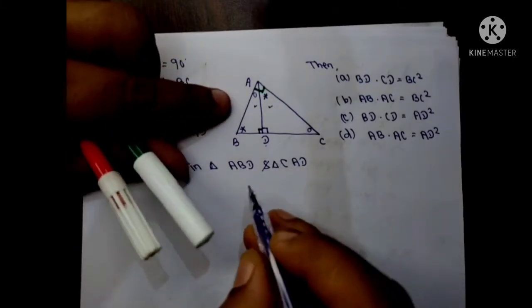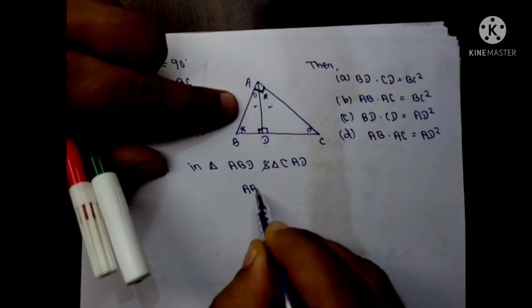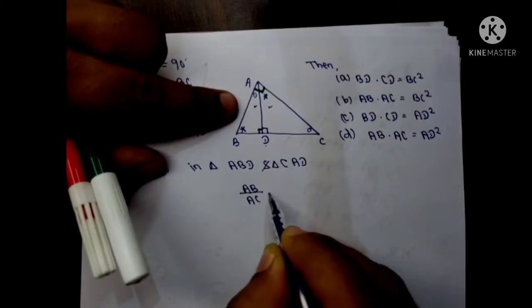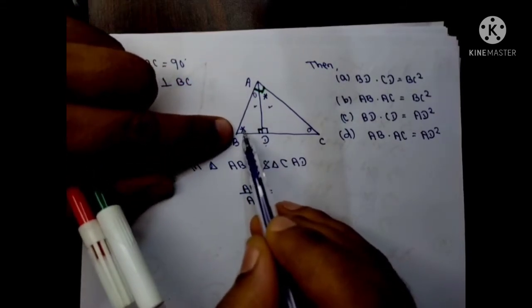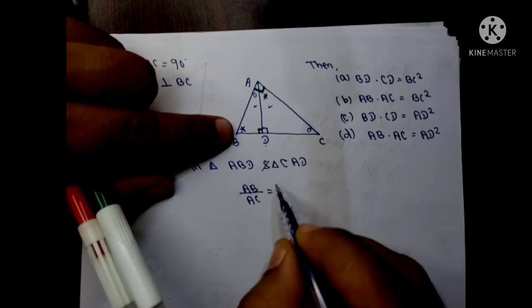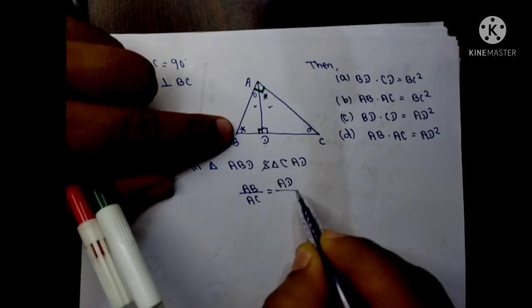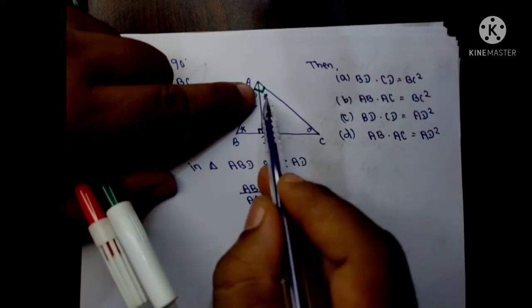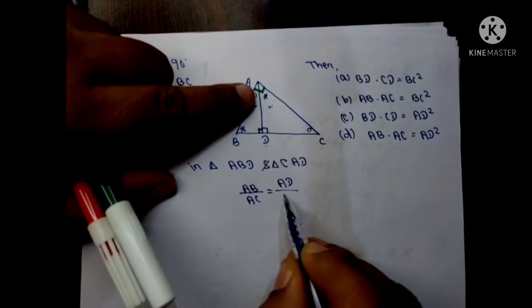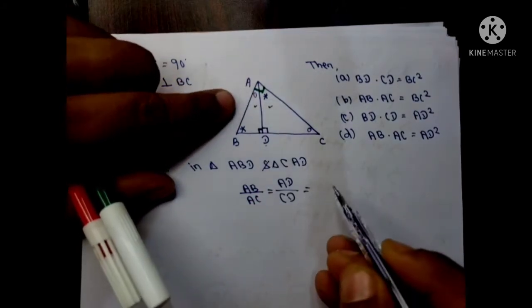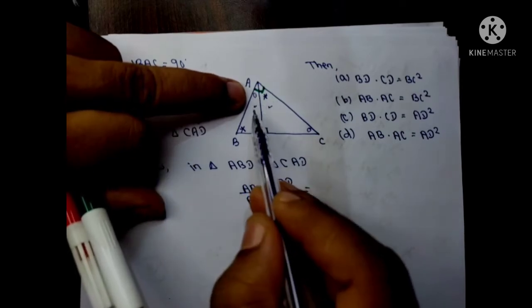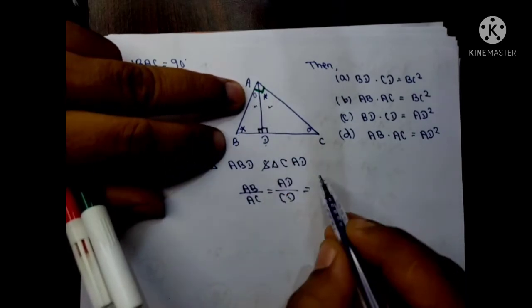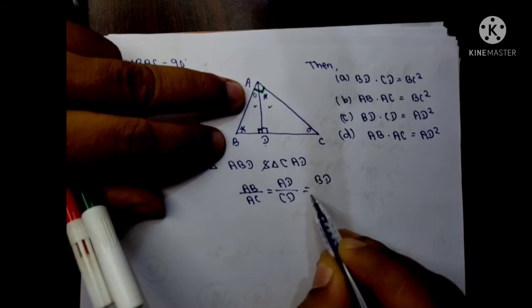So we can write AB by AC is equal to, then look at this star angle and its opposite side is AD. So AD by, and what is the opposite side of this star angle? CD is equal to, now the third angle is marked as circle and its opposite side is BD by AD.